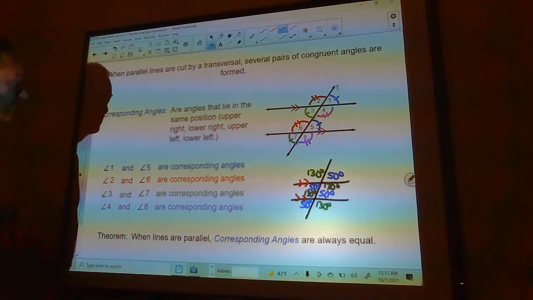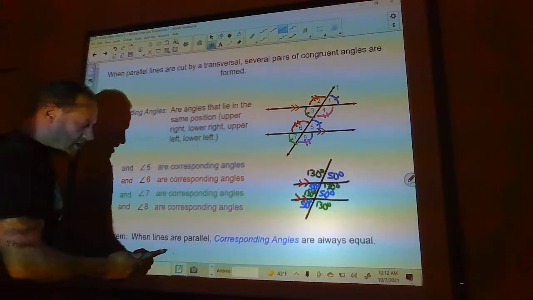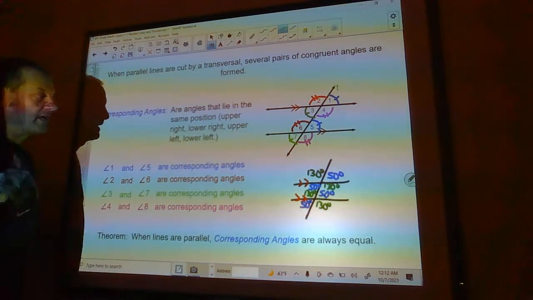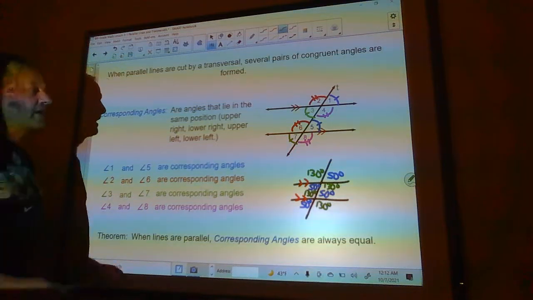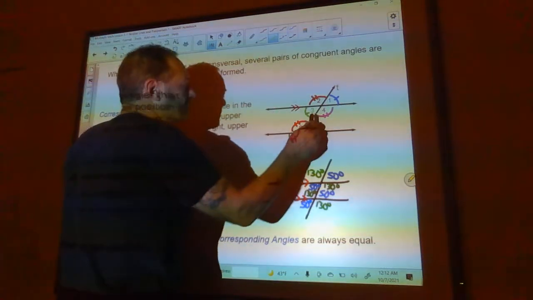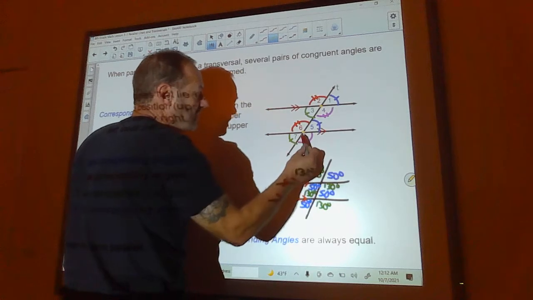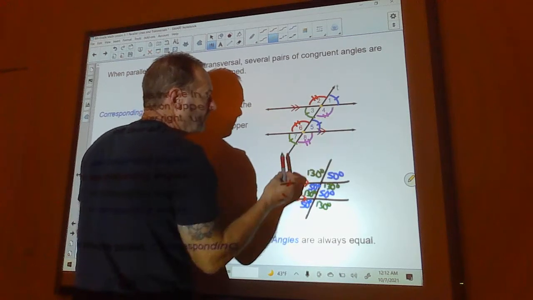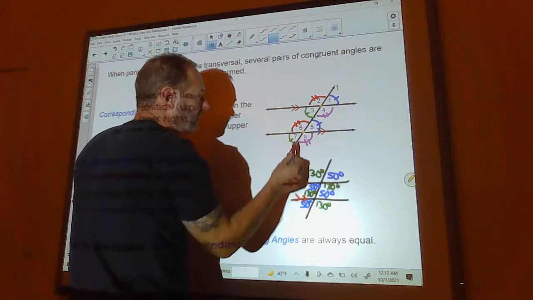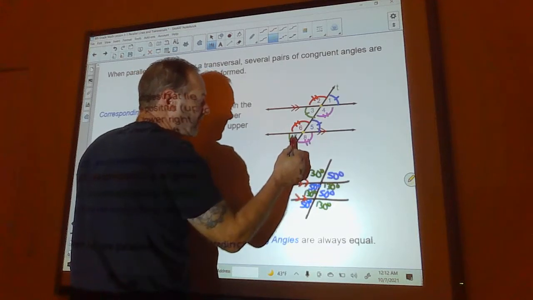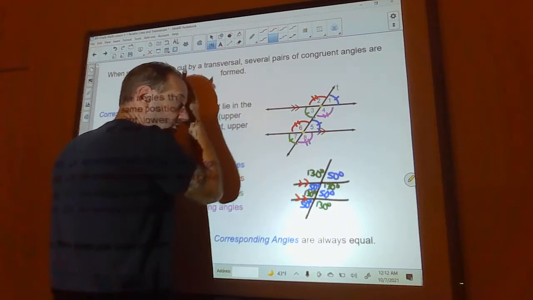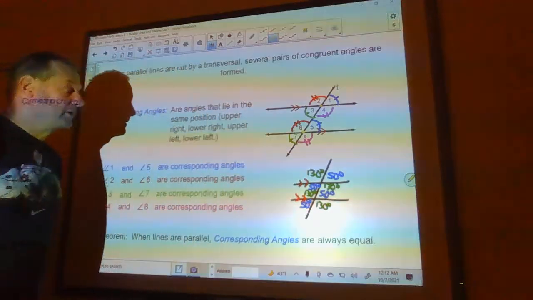Okay, so important, when 2 lines are parallel, the corresponding angles are always equal. And what are corresponding angles? They are in the same position relative to these points of intersection. So the two in the upper right-hand corner are corresponding, the two in the upper left-hand corner are corresponding, the two in the bottom left-hand corner are corresponding, and the two in the bottom right-hand corner are corresponding.